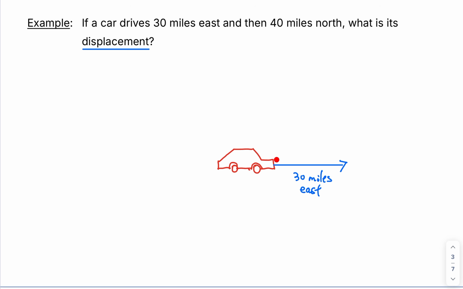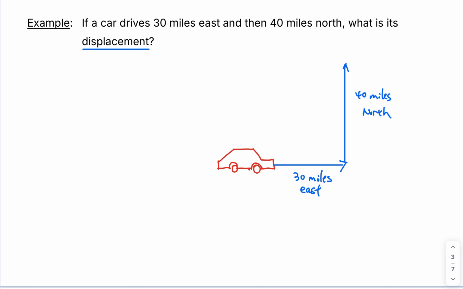The length of this vector is important because this represents 30 miles. And this direction tells me it's going east. So that means when we draw 40 miles north, this vector has to be longer than the 30 miles that I just drew. So this vector is going to be 40 miles, and this is north.